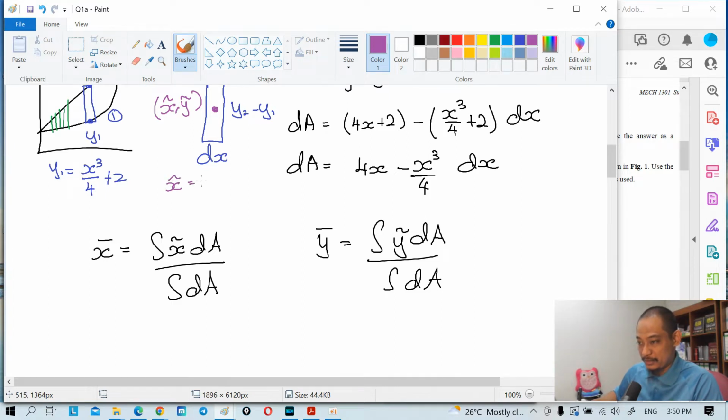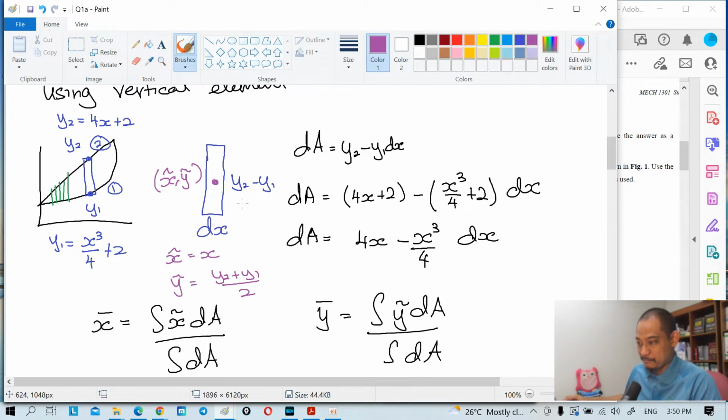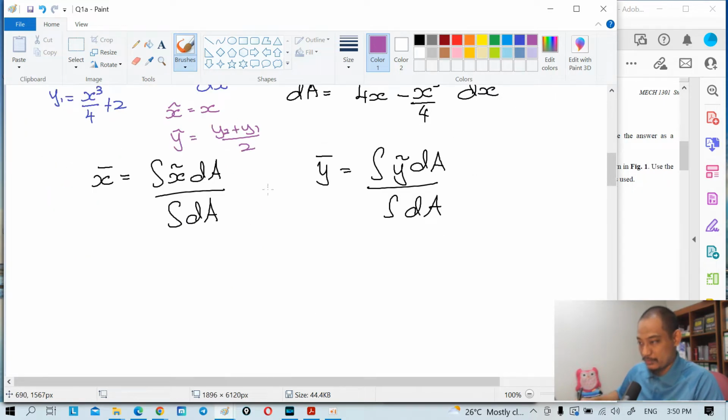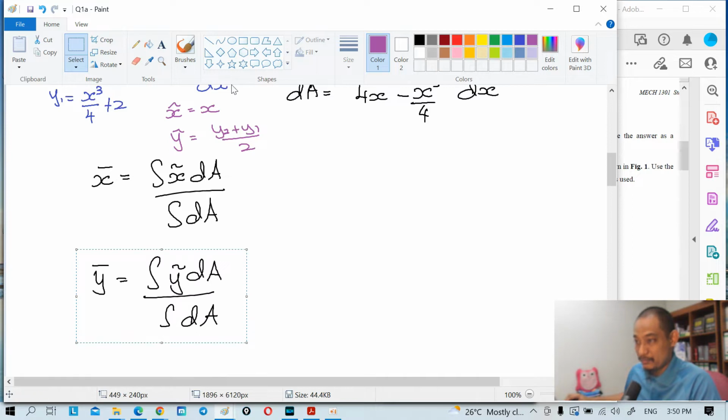So x tilde is basically x, and y tilde is y2 plus y1 over 2, right? It is the average. My placement is a bit problematic.